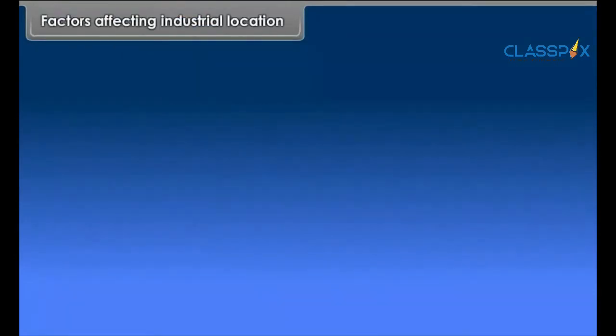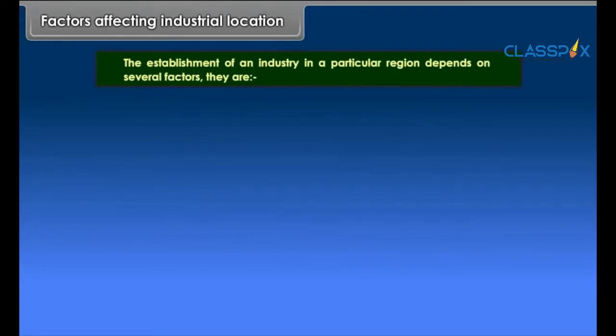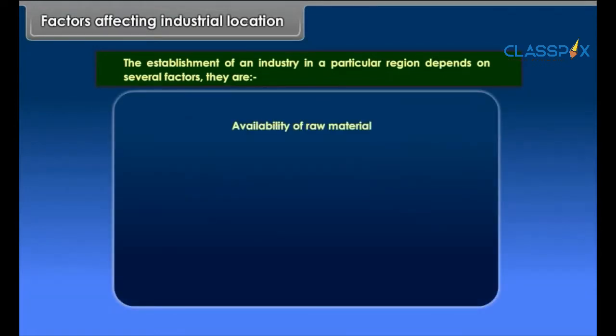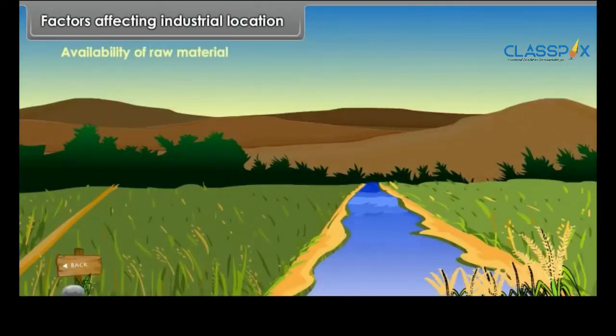Factors affecting industrial location. The establishment of an industry in a particular region depends on several factors. They are availability of raw material, power supply, labor, transport, capital investment, markets and water supply. Availability of raw material.